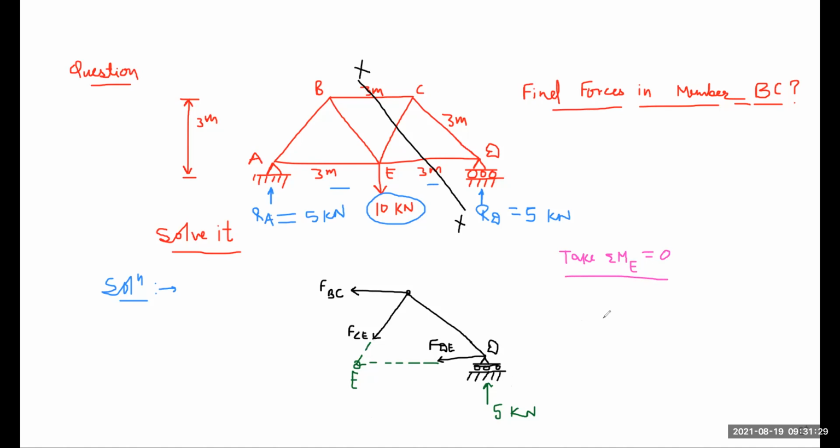So after taking the moment about point E, these two forces get cancelled, but the impact of this force and also the impact of this force is seen. So what happened here?